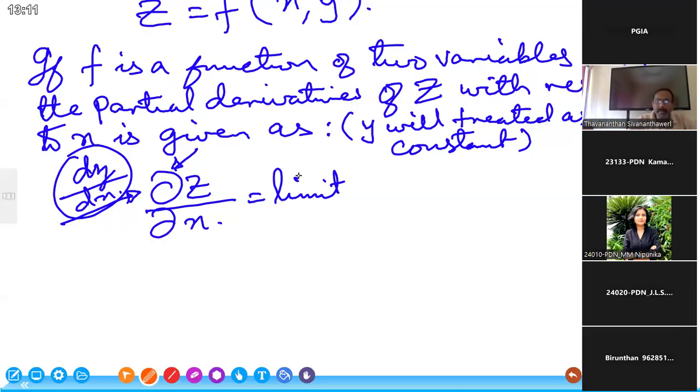So the partial derivative of z with respect to x is given as... Somebody try to play around.